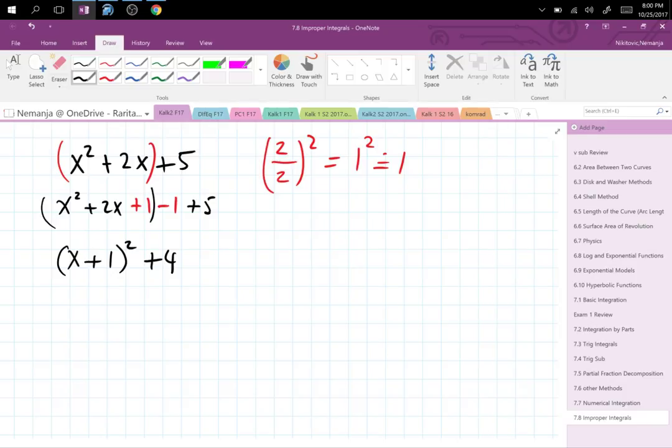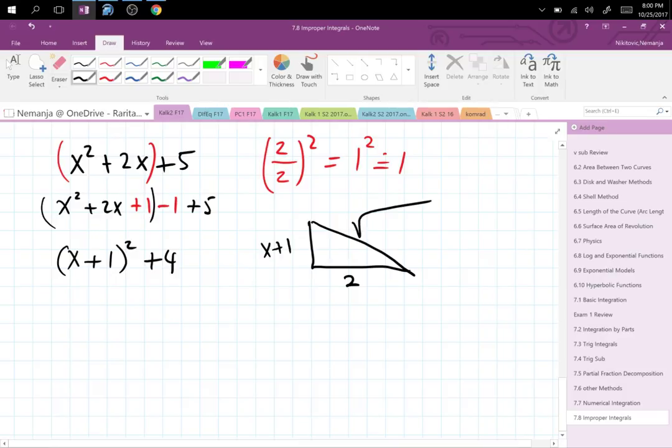So now, to do the trig sub over here, we have addition. So these are our legs. These are our legs. And this one over here would be the square root of x plus 1 squared plus 4.